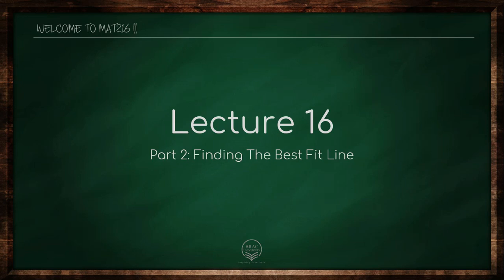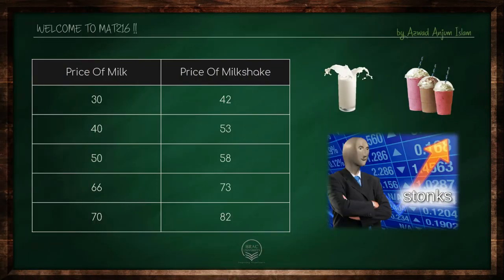So the problem is finding the best fit line. You have some data, and you're trying to find the best line that fits the data. This is called linear regression. Let's say we have the price of milk, and one day you noticed that if the price of milk increases, the price of milkshake also increases, which shouldn't be a surprise because milkshakes are made with milk.